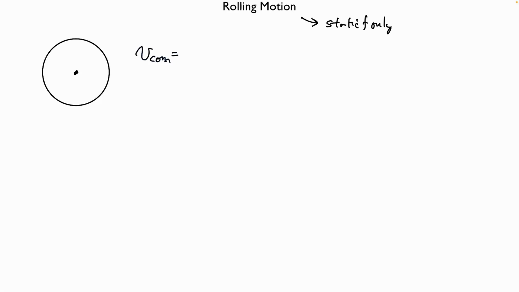It's really fun. Okay, so the velocity of the center of mass is going to be r omega. Remember that equation? Right? V tangential equals r omega. Well, it turns out that we can match how fast the center of the tire is going with its angular speed. I'm not showing you how that's possible. I'm just telling you that's the way it is, because we do have to get on with our lives and do other things, okay?